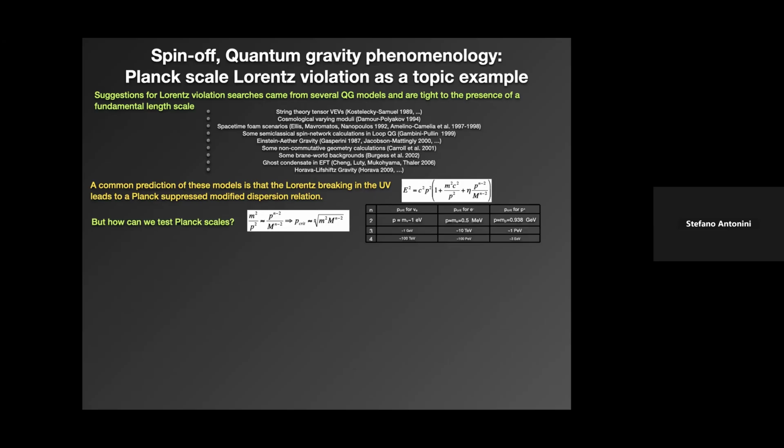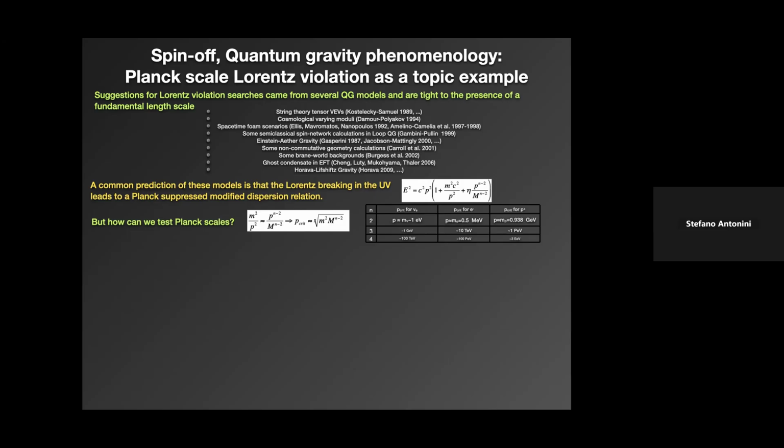And you may say, how is it possible that you can test a dispersion relation where the modification is not coming at the Ilyich length, but at the Planck scale? Well, imagine you have a threshold reaction. What are the terms you have to compare? You don't have to compare in the dispersion relation p squared with p to the fourth over M Planck squared.